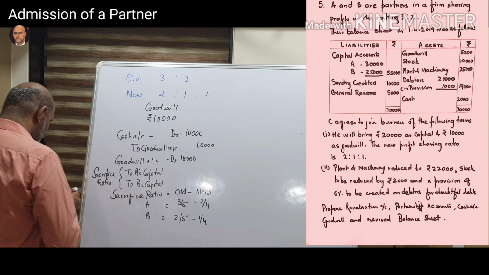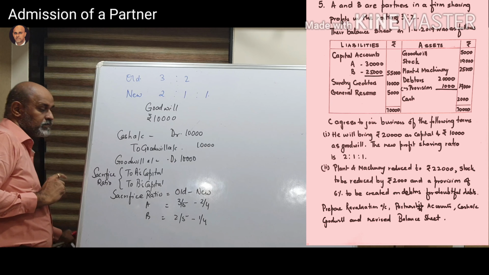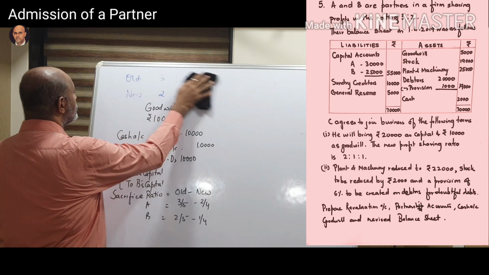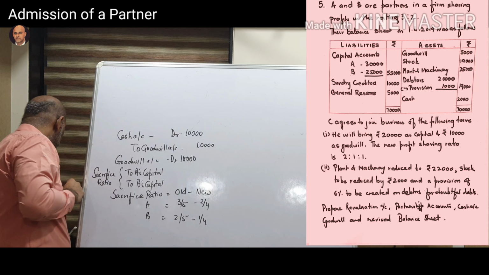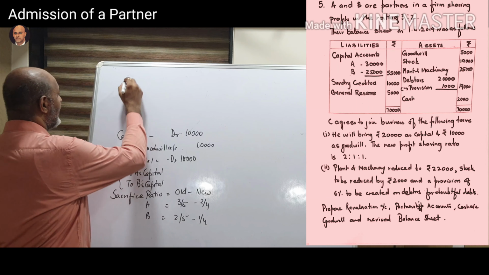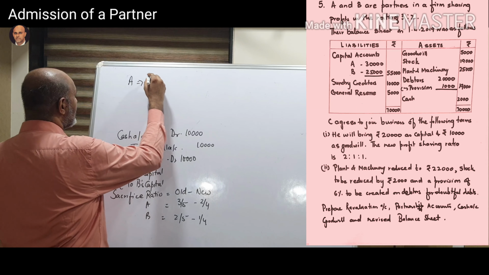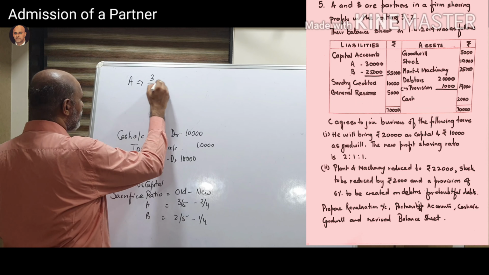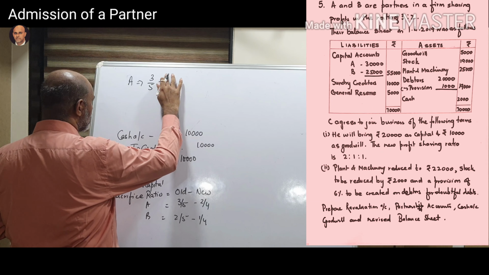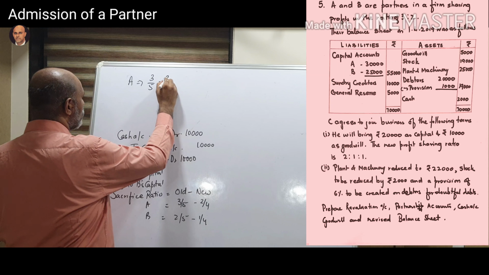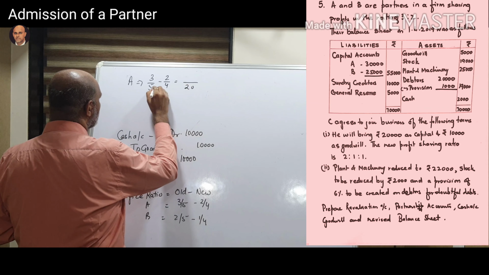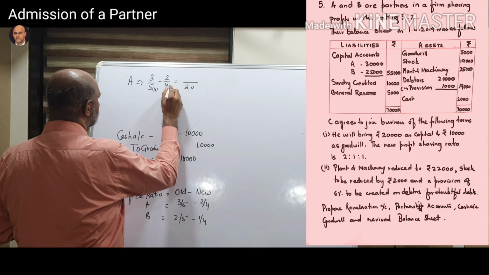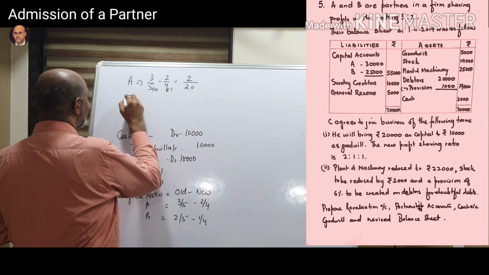Fine. So for A it is 3/5 minus 2/4. Okay, the LCM is 20. So it is 2 by 20.